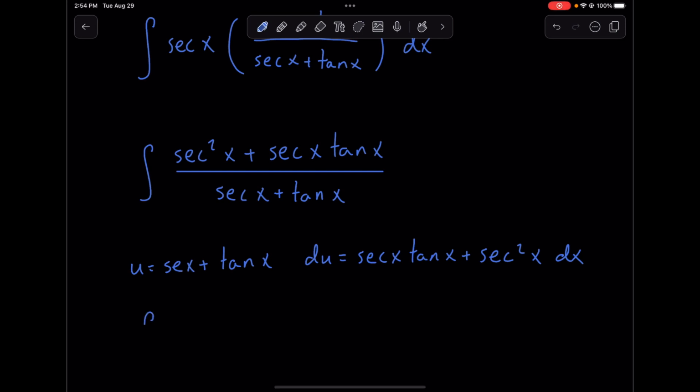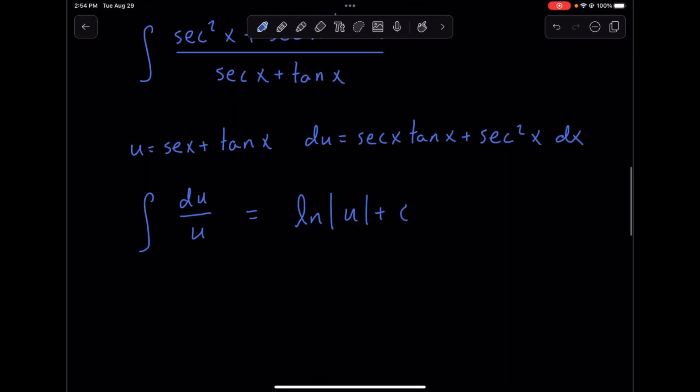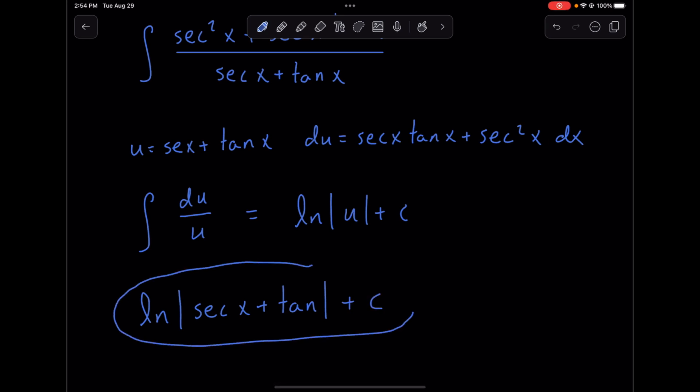So this simplifies down to du over u, which we know is equal to the ln absolute value of u plus c, and now we can just substitute in our u. So our final answer would be ln absolute value of secant x plus tangent x plus c. And that is the first way you could solve the integral of secant x.